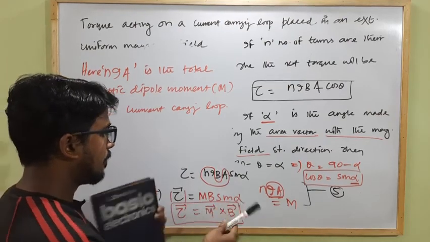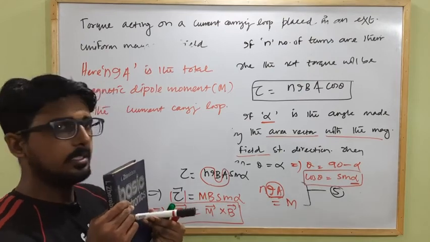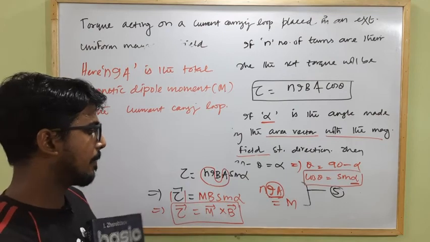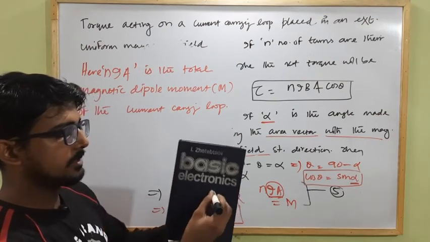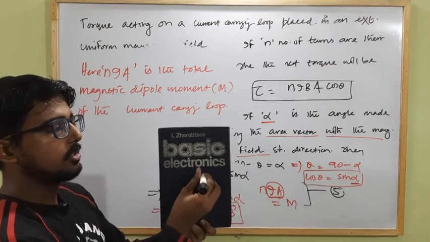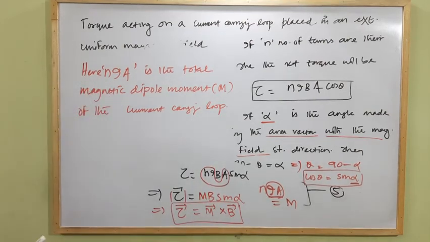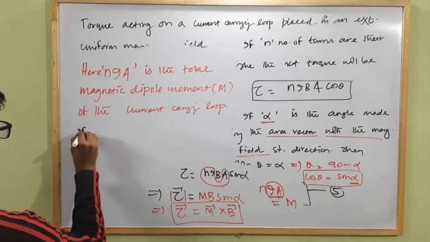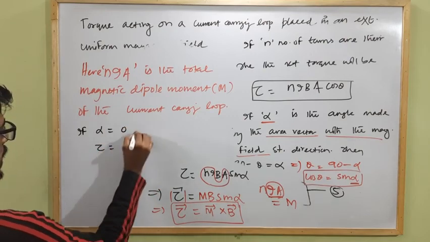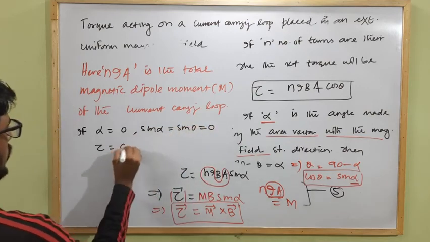Sin alpha will be maximum when the angle between area vector and magnetic field strength is 90 degree, like this. This is the area vector and the magnetic field lines are along this direction, so the torque will be maximum. Okay, so if alpha equal to 0, sin alpha equal to sin 0 equal to 0, tau equal to 0.